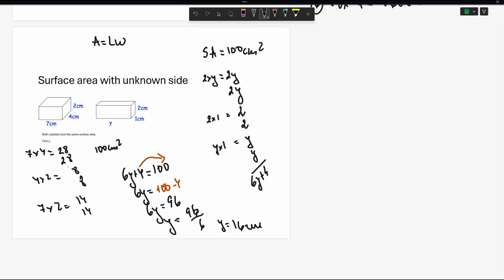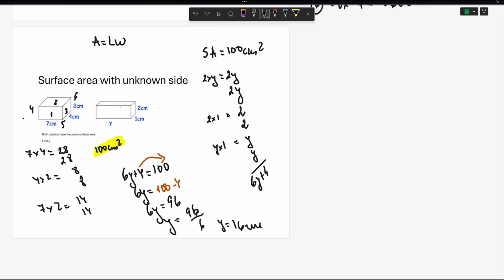We know the cuboid has 6 sides, so we found side 1, side 2, side 3, side 4, 5, and on the back is side 6. So we found these 6 sides, and it is 100 centimeter square. Now we need to do the same in cuboid 2, but here we don't have a number, which we're going to find later.